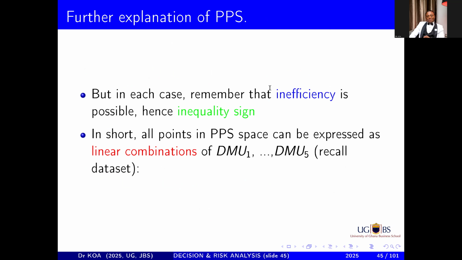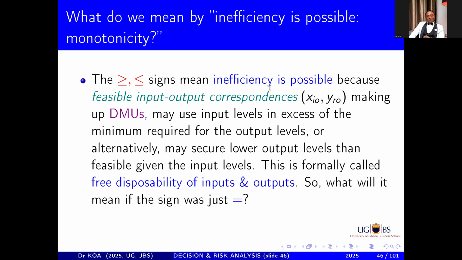So, what do the inequality and the equality sign mean? I've already explained. They mean that it is possible to waste resources. It is possible to produce what you are not supposed to produce. Sometimes a person can go to a company, the person will be working hard, but that work is nothing to the company because it's not adding anything. The person is inefficient. Inefficiency is possible in real life systems.